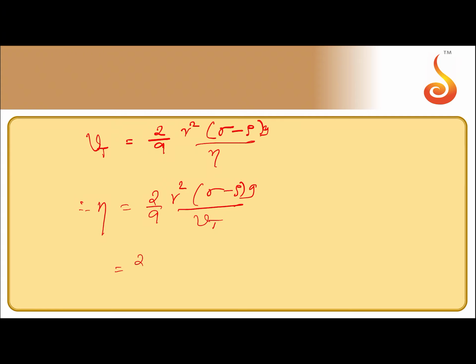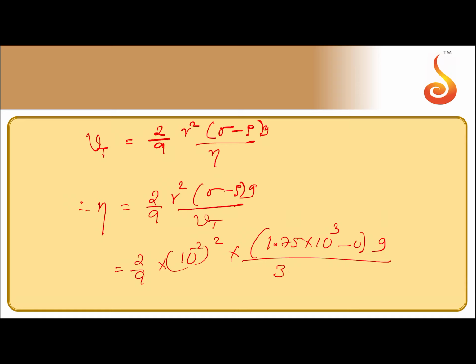Now, do we know all the details? 2 by 9 into r square, 1 centimeter, into the density of liquid 1.75 into 10 to the power of 3, right? Sigma is 0, divided by Vt. What is that equal to? That Vt is nothing but 3.5 into 10 to the power of minus 3.